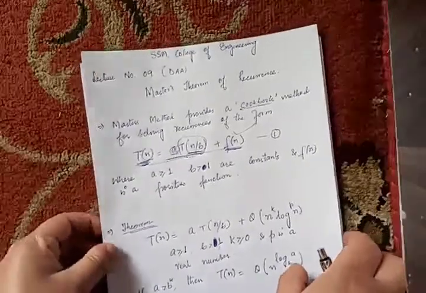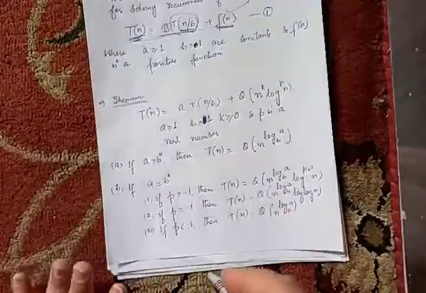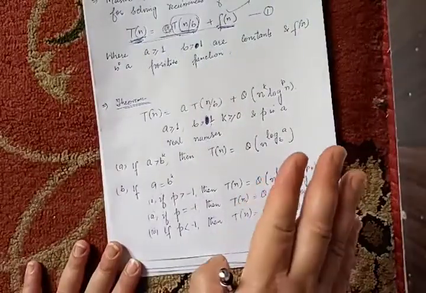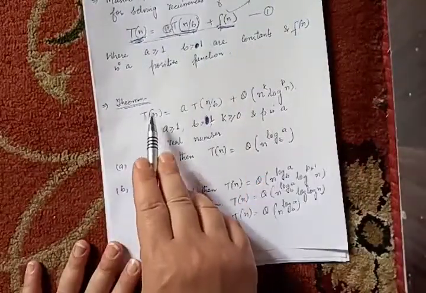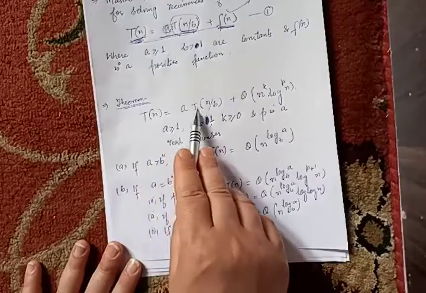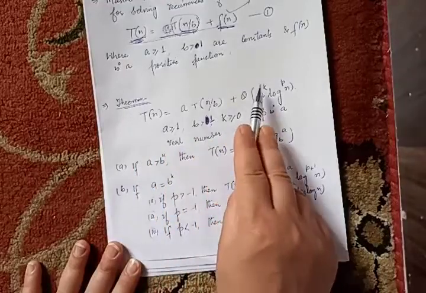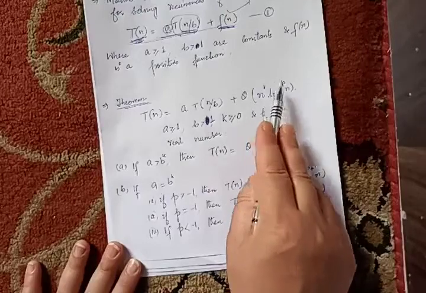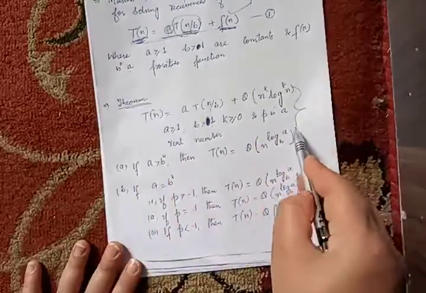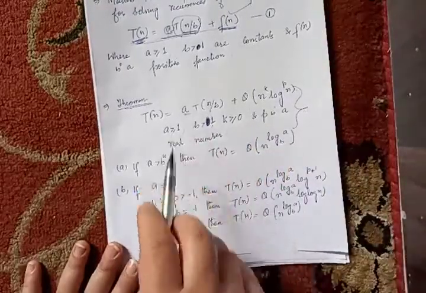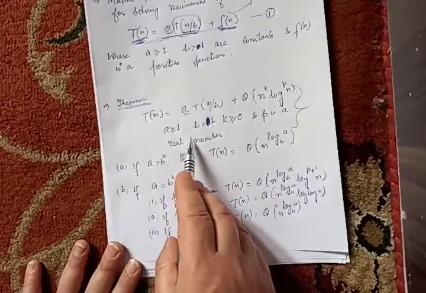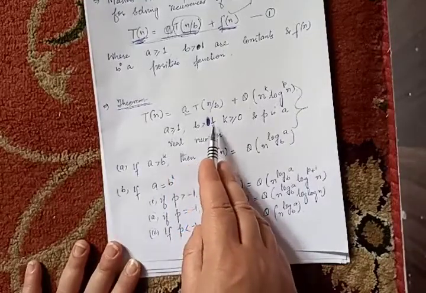Now, what does this theorem actually tell us? Master's theorem depends on the following theorem: T(n) = a T(n/b) + theta of n^k log^p n. And these are the conditions: a should always be greater than or equal to 1, it should not be less. b should be greater than 1.